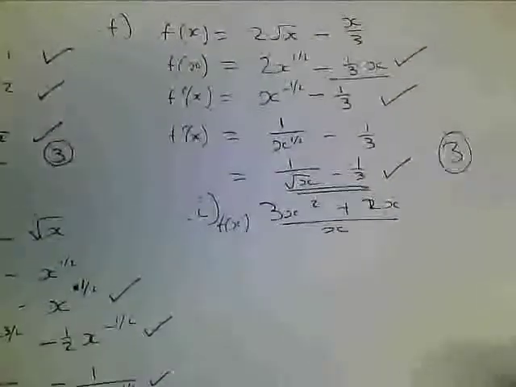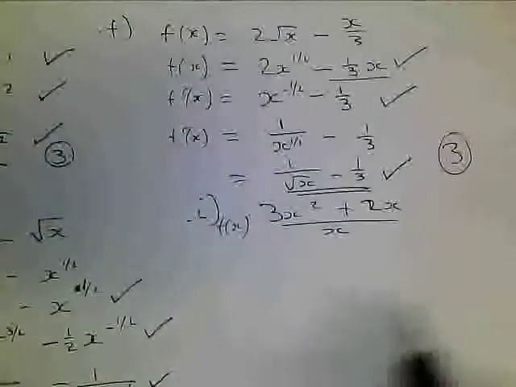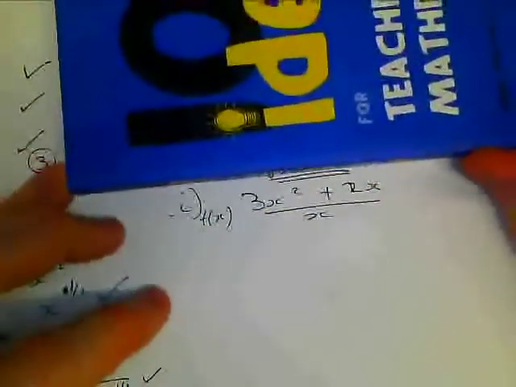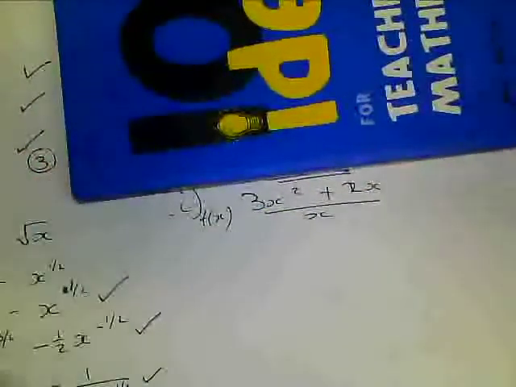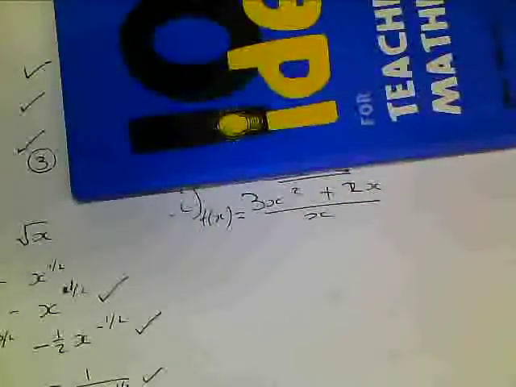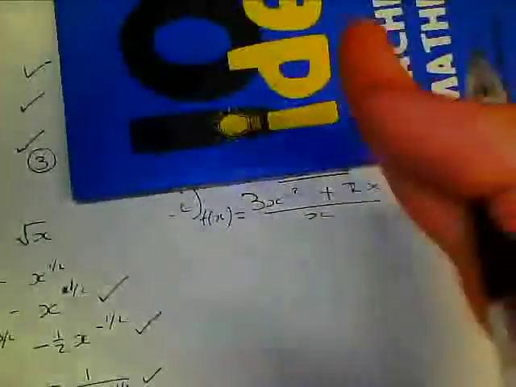Okay. And you can kind of see the previous question above it, so I'll just use this book here to cover up what we're looking at. Talking about this here. Right. f of x equals 3x squared add 2x all over x. This is one of those ones where I say get your hand in, karate chop it.